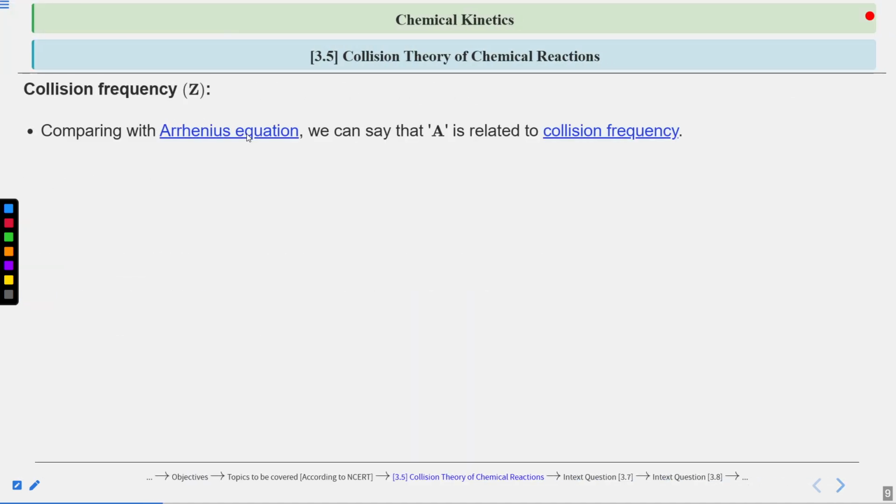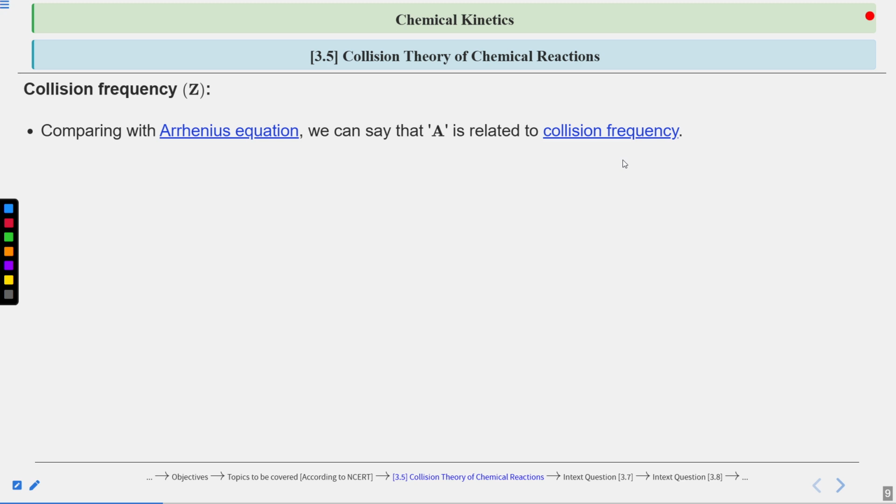Now, comparing with the Arrhenius equation, we can say that A is related to collision frequency. We just saw that the rate of reaction is given as ZAB, the collision frequency, times e to the power minus EA by RT.